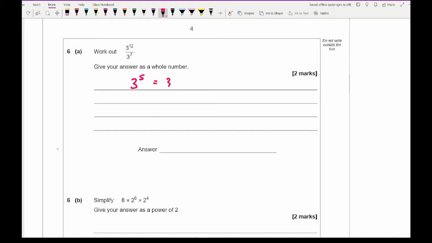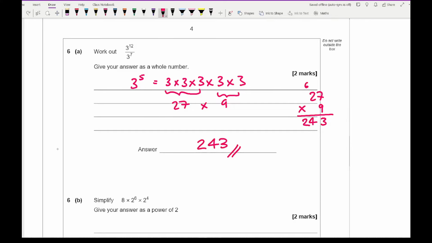Well, that's 3 times 3 times 3 times 3 times 3. 3 cubed is 27, and then times 3 times 3 is 9, so I'm going to do 27 times 9. 7 times 9 gives me 63, and 9 times 2 is 18, plus 6 gives me 24, so it's going to be 243.